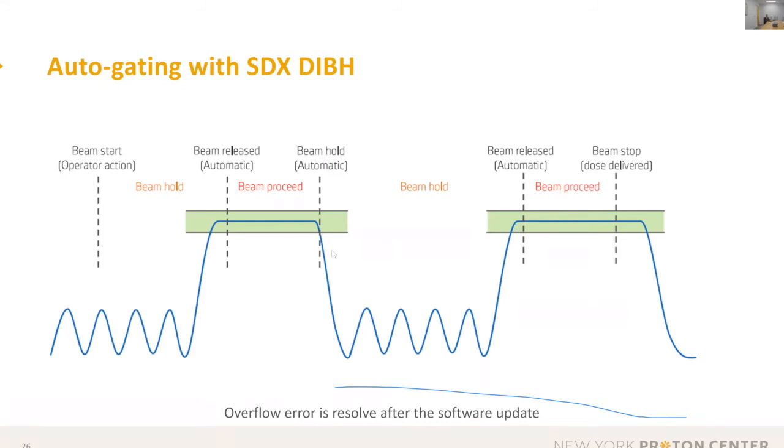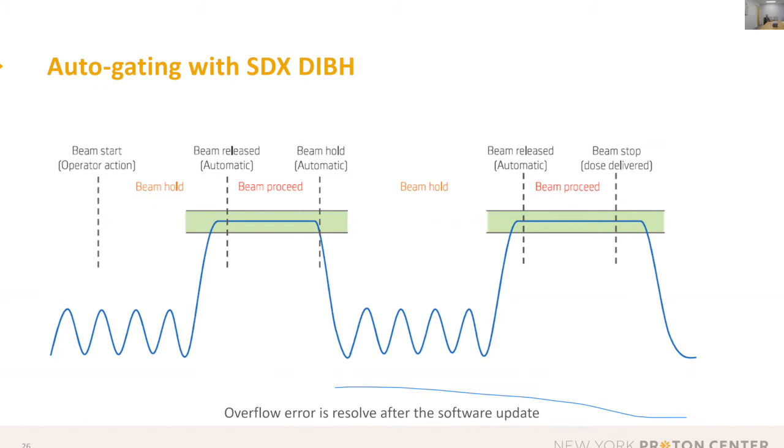But at the beginning, when we had this overflow error, the beam would drop, but not go on hold. It basically dropped out, and you needed to request again. That basically introduced some complications.